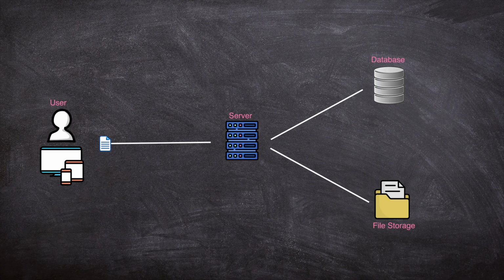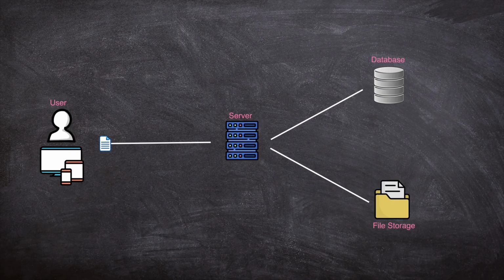At a small scale, this could be just a folder on the server, but in real-world systems, we eventually upgrade this to a cloud storage like AWS S3 to scale better. So at a basic level, the user talks to the server, the server updates the database, and the files are saved to the storage. It's simple, but this foundation is what will scale up later to support millions of users.